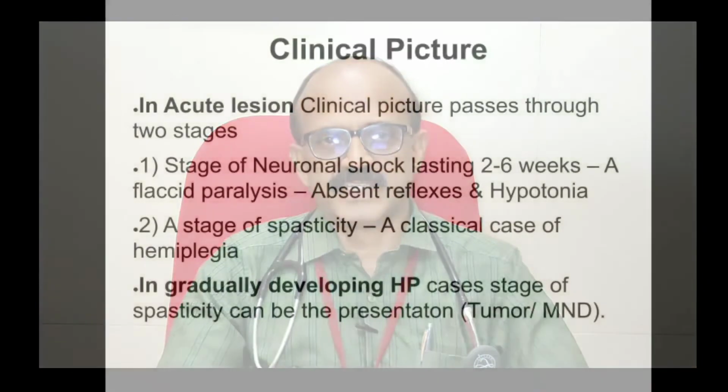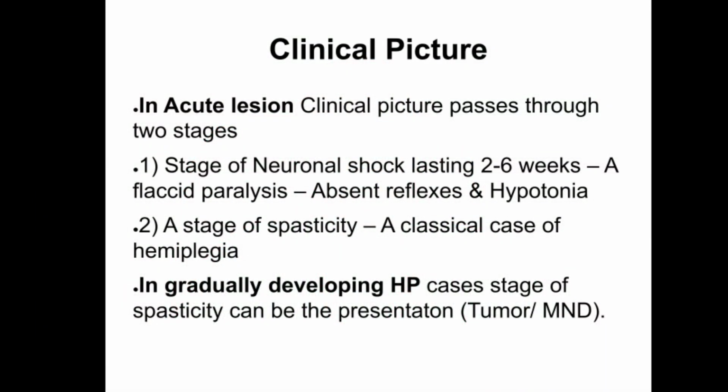But if the obstruction is gradual, as in the case of a compressive lesion, or as in the case of demyelination or degeneration, the presentation will be typical of pyramidal type. That means weakness, hyperreflexia, hypertonia, upgoing plantar, absent superficial reflexes.